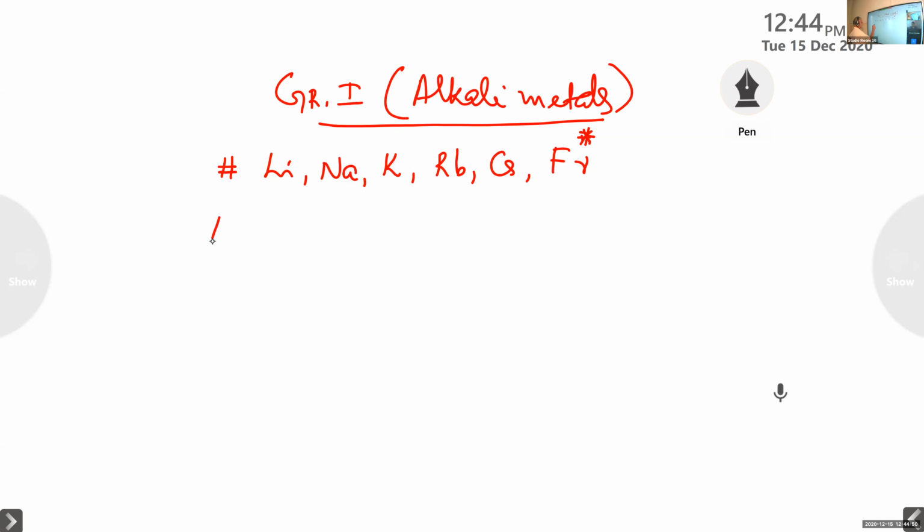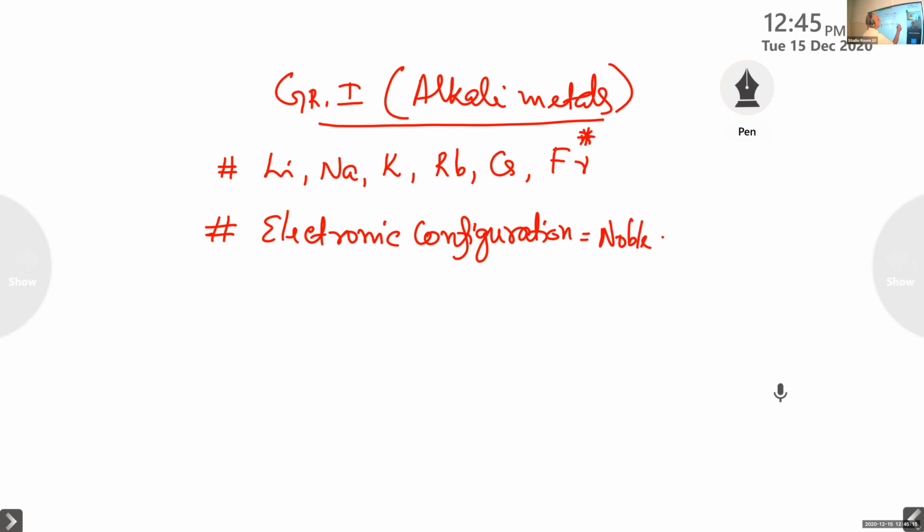Now, let us see the general electronic configuration of group 1 or alkali metals. What will be the general electronic configuration? The general electronic configuration is a noble gas inner core, and then ns1.